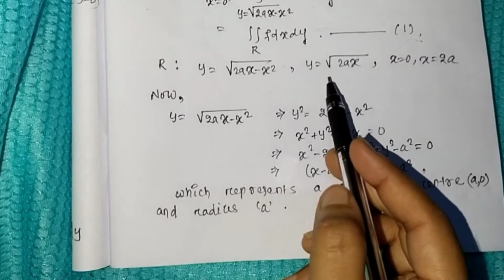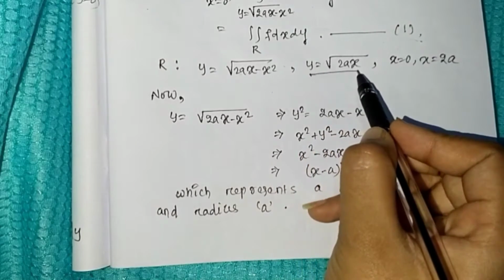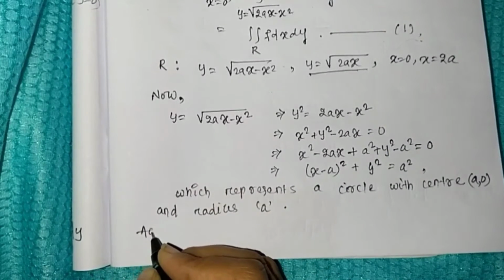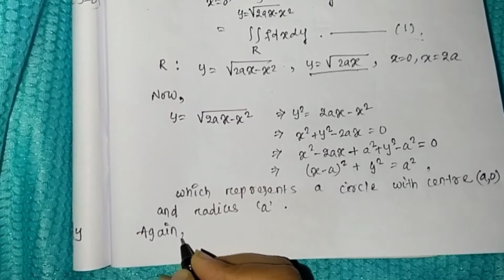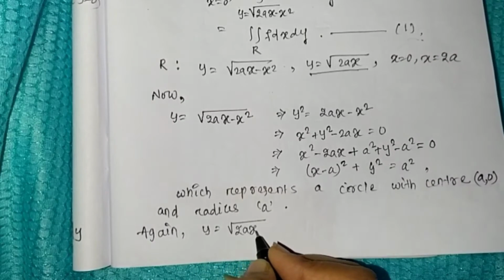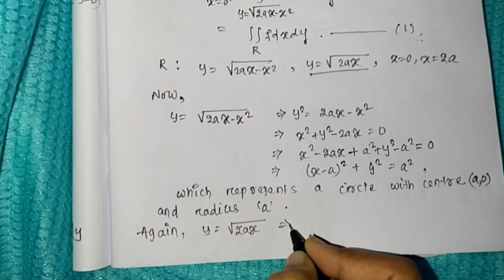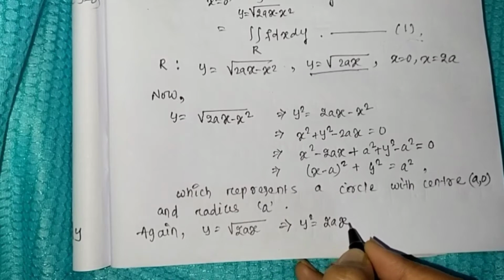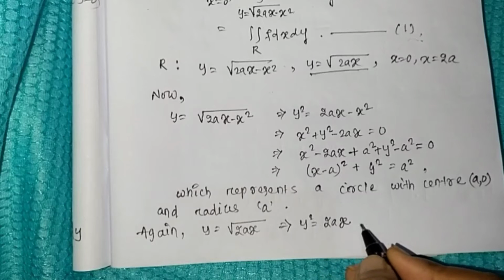Then we see what is y equal to root of 2ax. Again y equal to root of 2ax, that implies y square equal to 2ax, which represents a parabola.